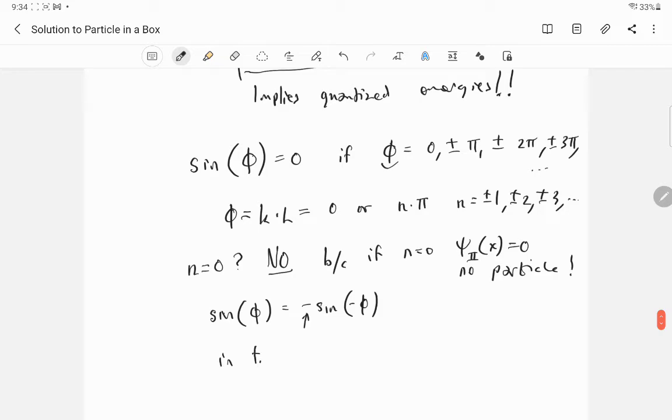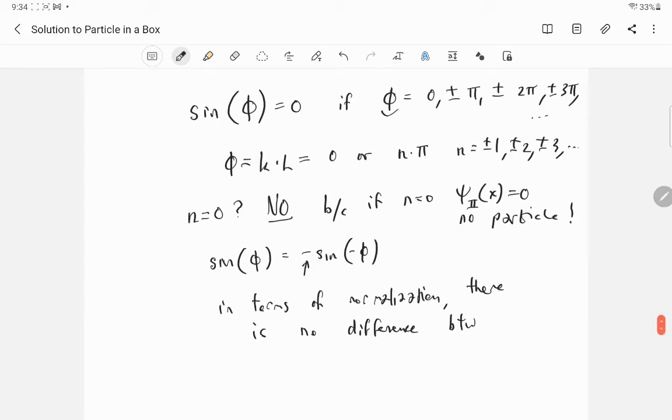And in terms of normalization, there is no difference between plus or minus n, which means there's no physical difference.